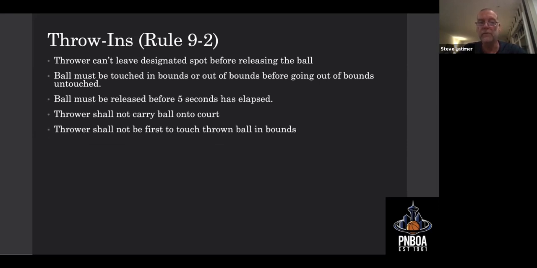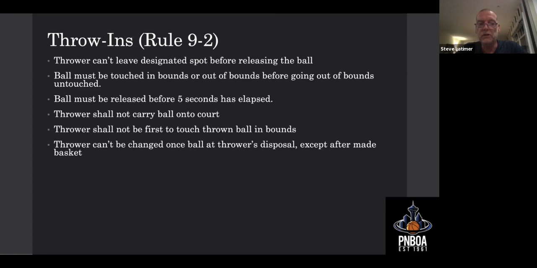And the thrower can't be the first to touch the thrown ball inbounds. You'll see some plays where the defender's got his back to the thrower, and they'll throw the ball off the defender and then come in, get themselves in play and catch the ball. That's fine because they haven't been the first to touch the ball inbounds, but you can't just literally throw it to yourself inbounds.